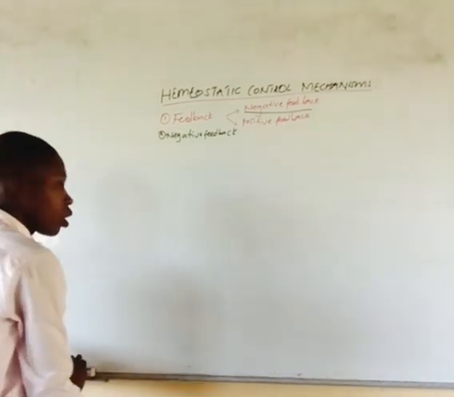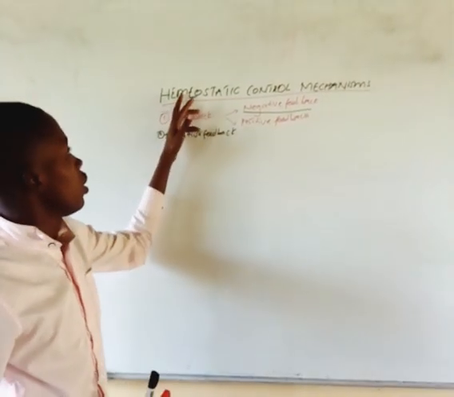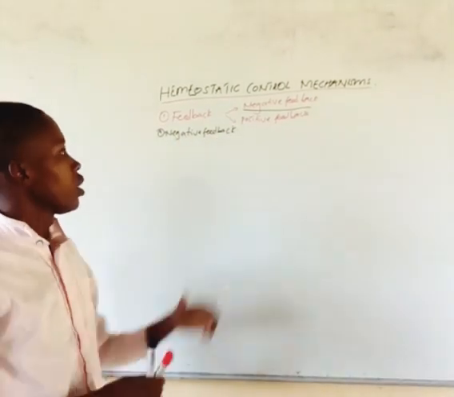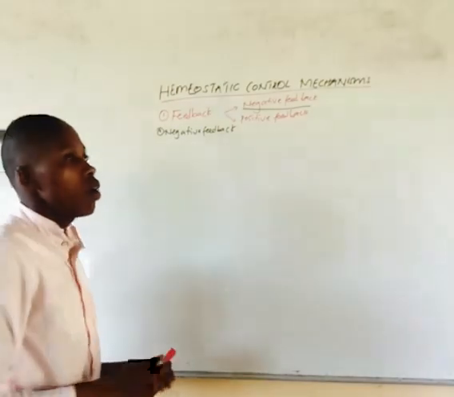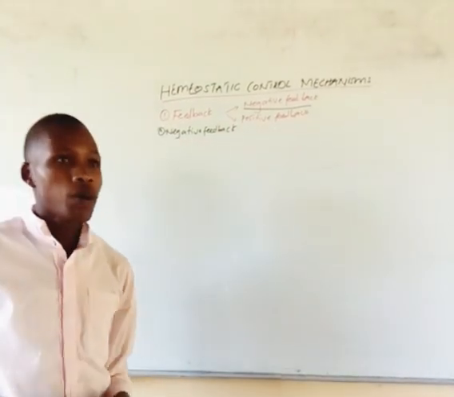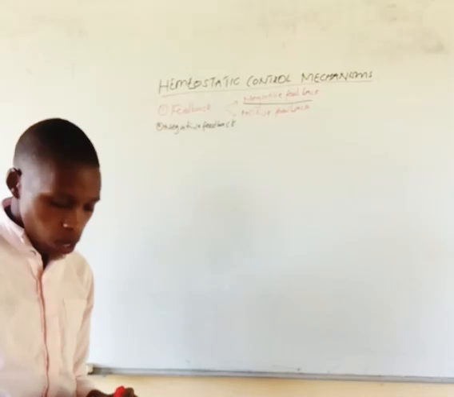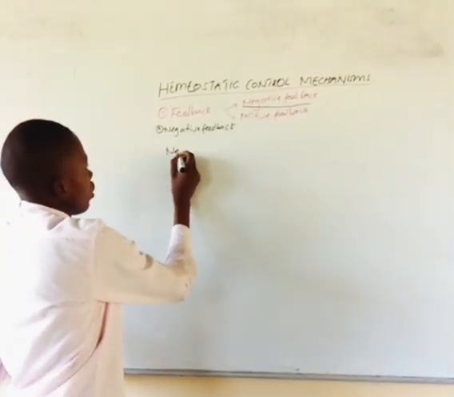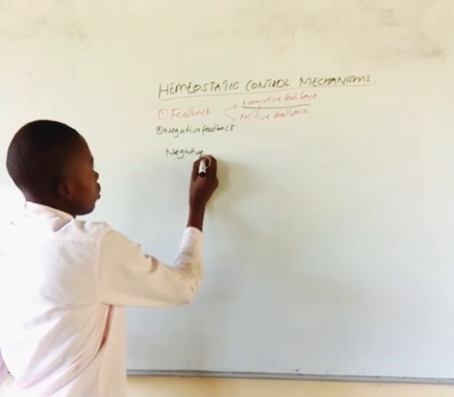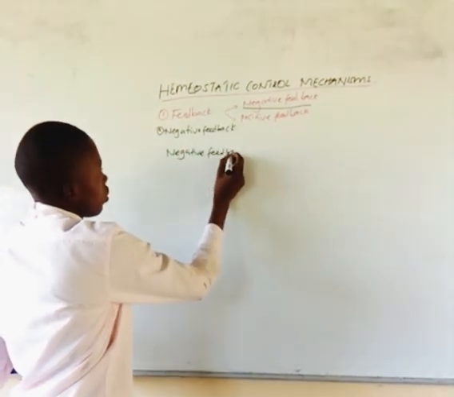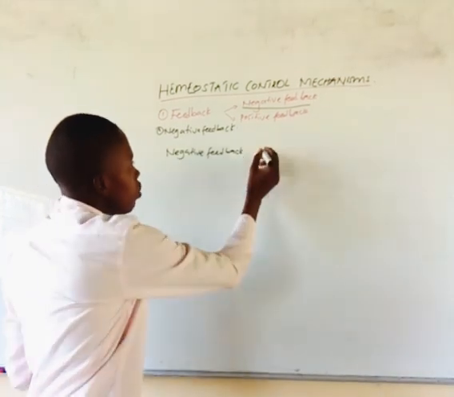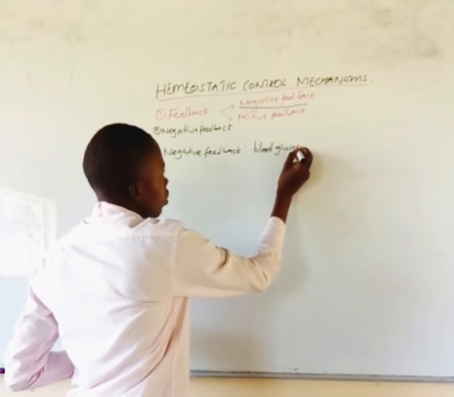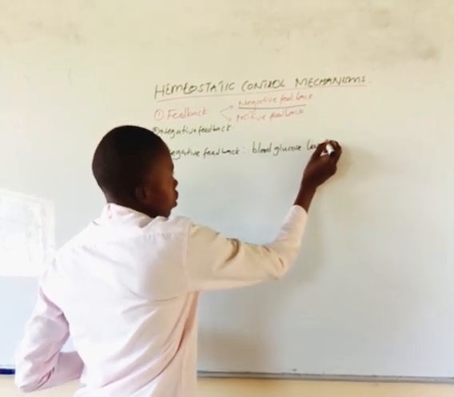Under negative feedback, we are going to look at the homeostatic control mechanism, mainly how the glucose level is regulated by negative feedback in our body, for the case of blood glucose level.